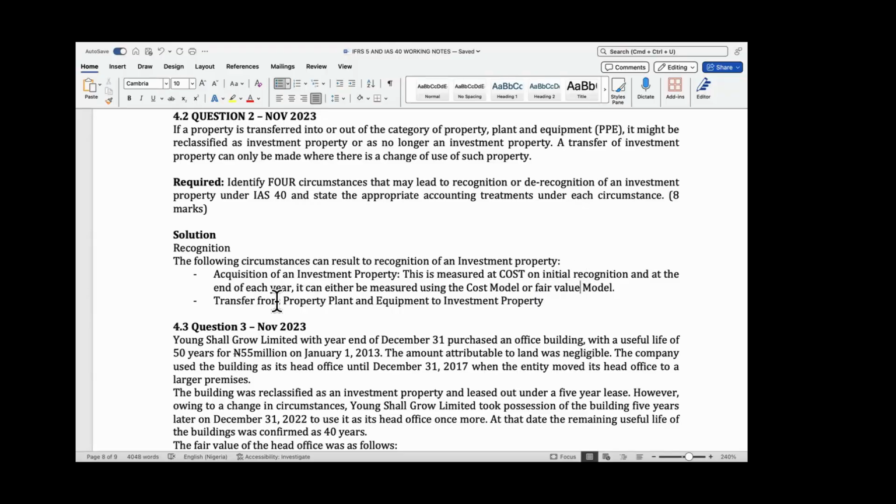Number 2, transfer from PP to investment property.